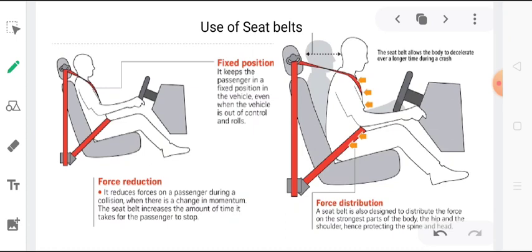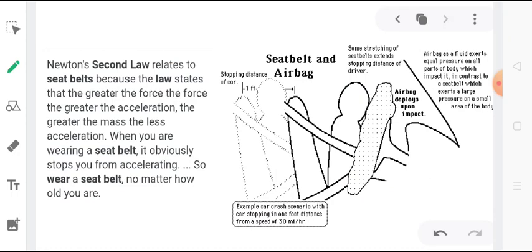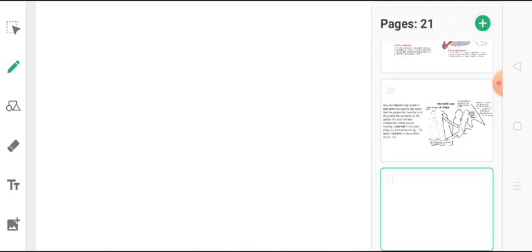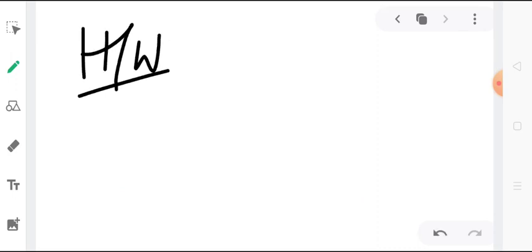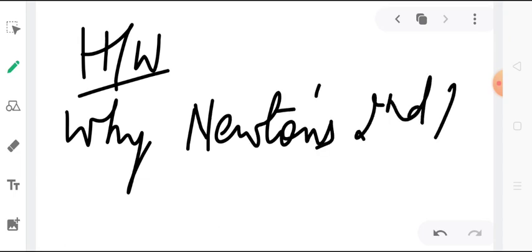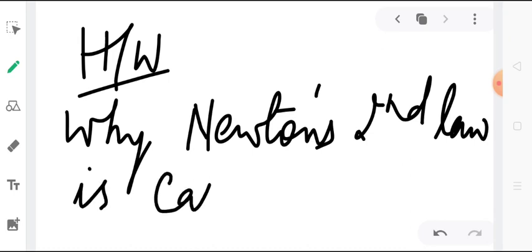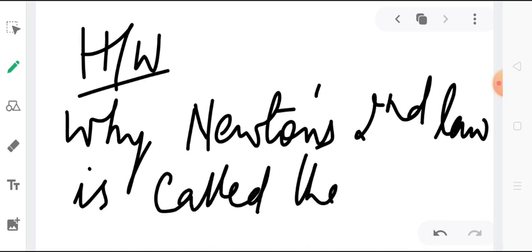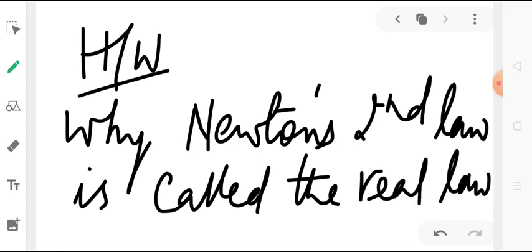Today there is an assignment on your part. You will try to answer this question: why is Newton's second law called the real law?